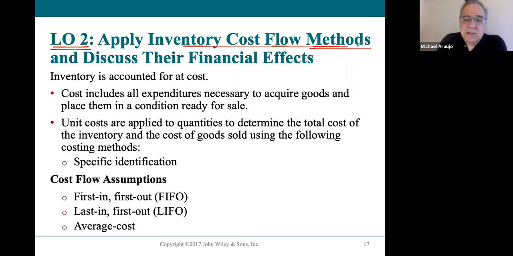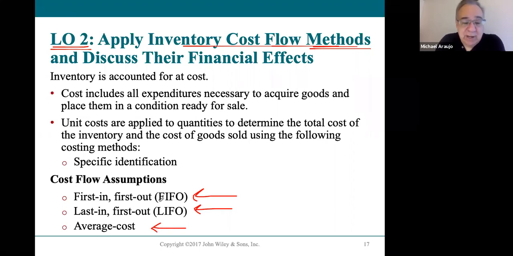They have a choice to use different methods to cost out their inventory. The most popular methods are listed at the bottom here. The first method is called first in, first out, or FIFO, which is actually a great name for an accountant's dog. Dear FIFO. It's really talking about the first piece of inventory in the store being the first they cost out as cost of goods sold.